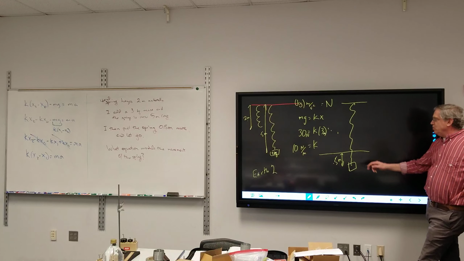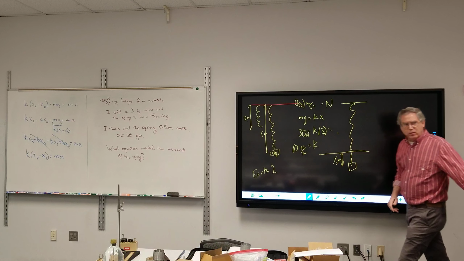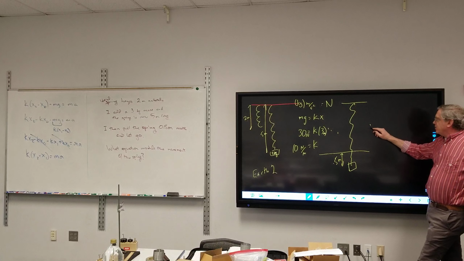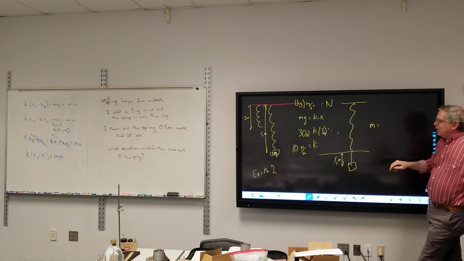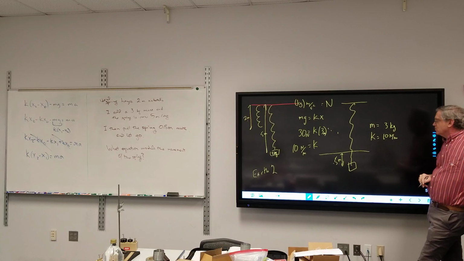I am going to assume this is the equilibrium right here, where it is with the mass, so I'm not going to worry about weight in my formulas now. I know that my mass is 3 kilograms, K is 10 newtons per meter, and my amplitude is 0.5 meters.